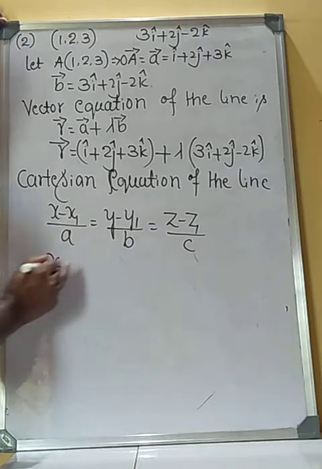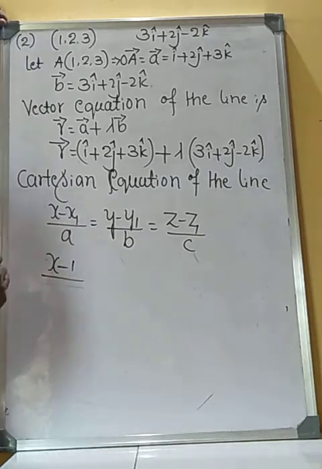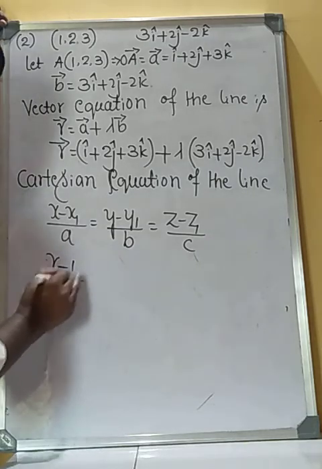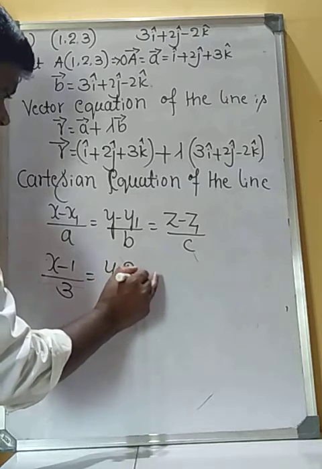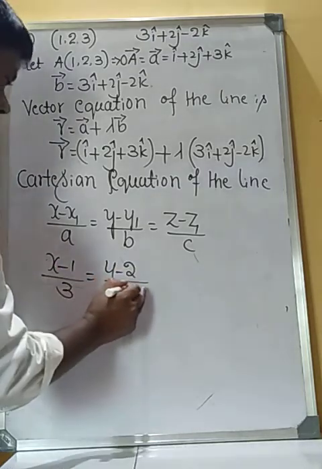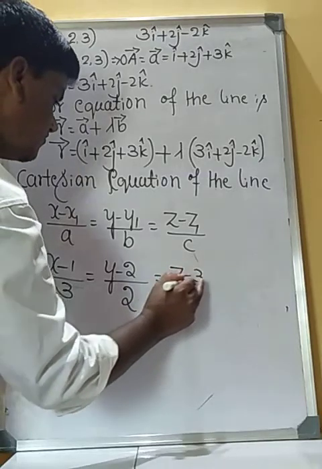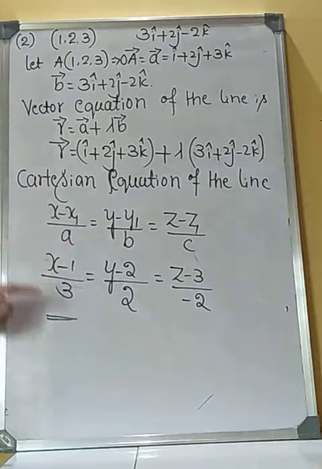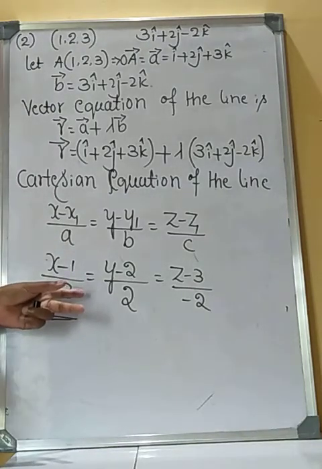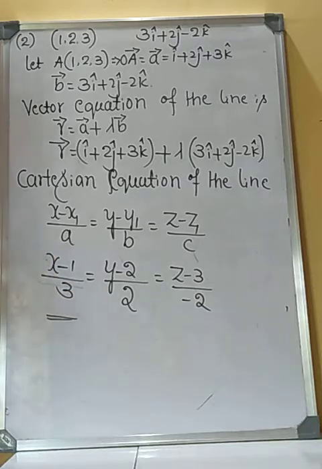Therefore, x minus x1 is x minus 1 dividing by a which is 3, equals y minus y1 is y minus 2 dividing by 2, equals z minus z1 is z minus 3 dividing by minus 2. This is the Cartesian form of the equation of a line.